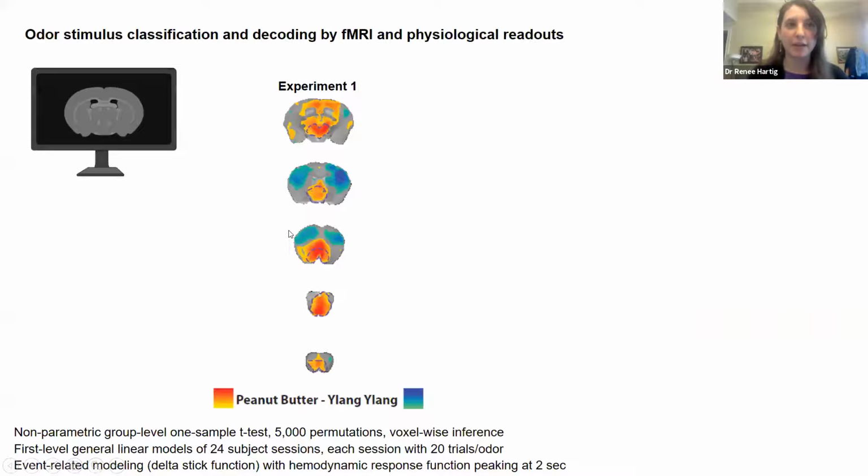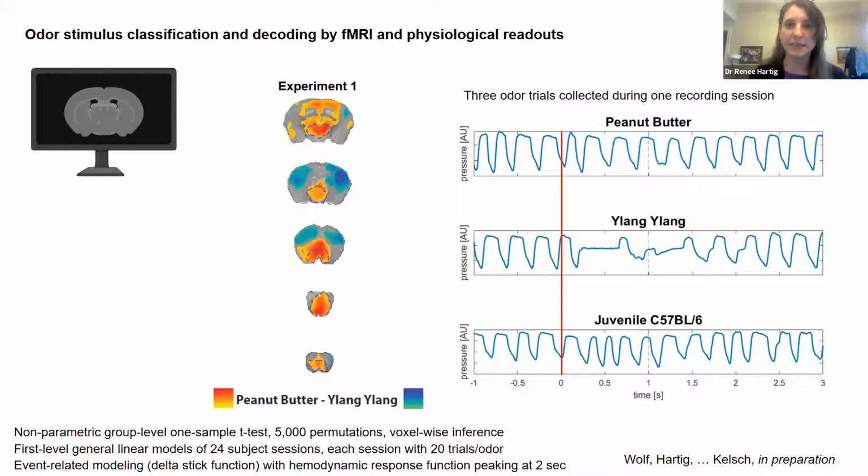So what we can do by fMRI is an odor stimulus classification. And we can take that in hand with the physiological readouts that we also applied. So for example, looking at the sniff responses, you could see here 3 odor trials collected during one recording. And we have the sniff response for peanut butter, top, yang, the floral, in the middle, and the juvenile, an appetitive social stimulus.